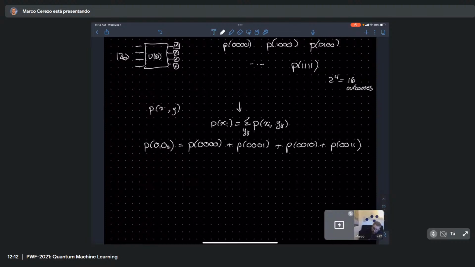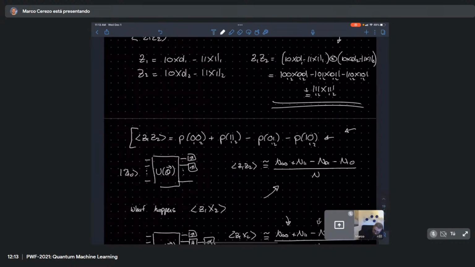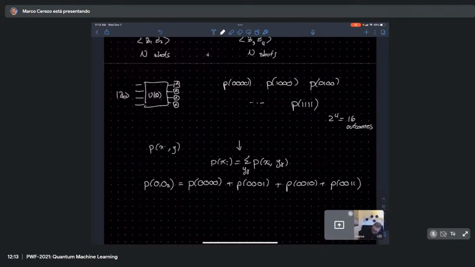So we can actually compute the probability of just the first 2 qubits being on 0 by making this summation right here and doing the marginal probability, right? And then we can see that by measuring 4 qubits, we can recover this formula. We just have to re-express this as marginal probabilities, like we're doing right here.